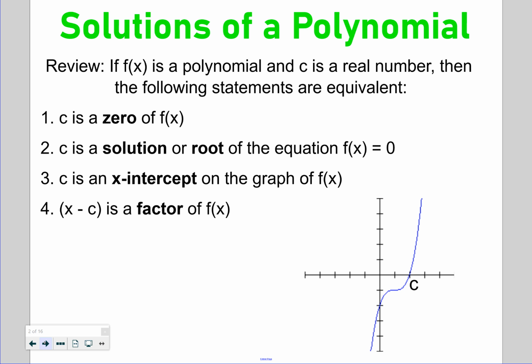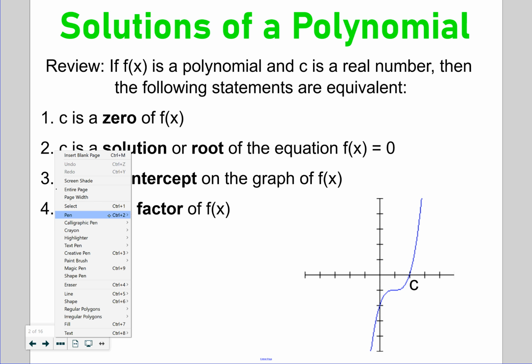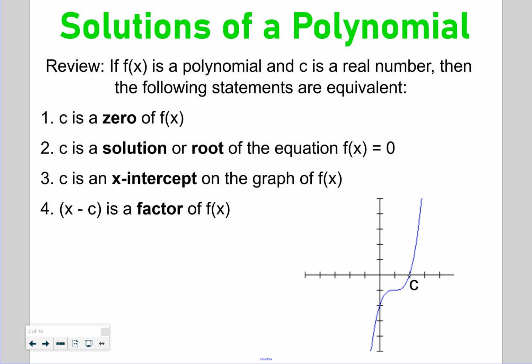We're also going to see it as an x-intercept on the graph, and we say that x minus c is a factor. So for example, if you look at this picture down to the right here, we have this x-intercept at c. So c is called a zero, a solution or a root if we set our equation equal to 0, and then we would say that x minus c is a factor.